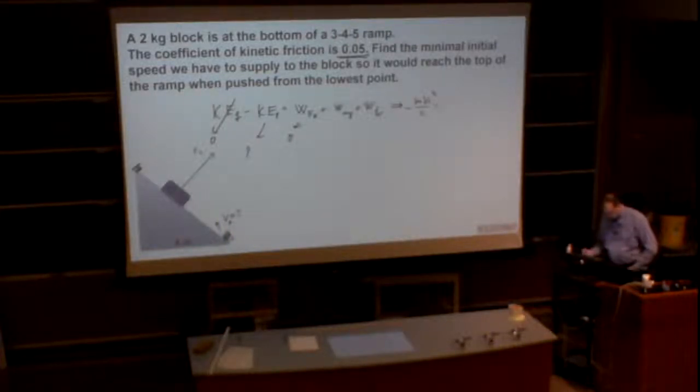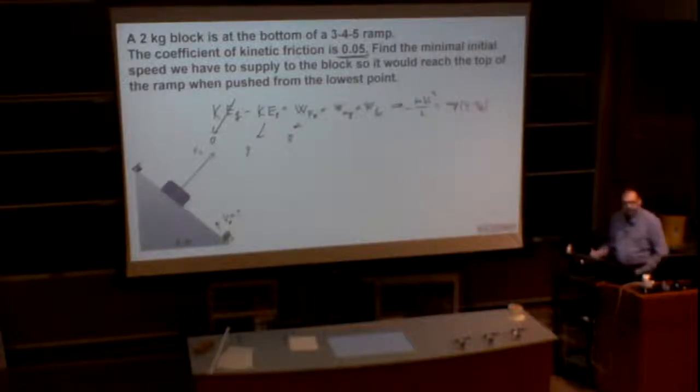Negative mv squared over 2 equals mg times (y initial minus y final). That's how we always calculate work done by the force of gravity. And plus work done by friction: -1 times coefficient times normal force times distance traveled. So, keep writing: mv initial squared over 2, mg.